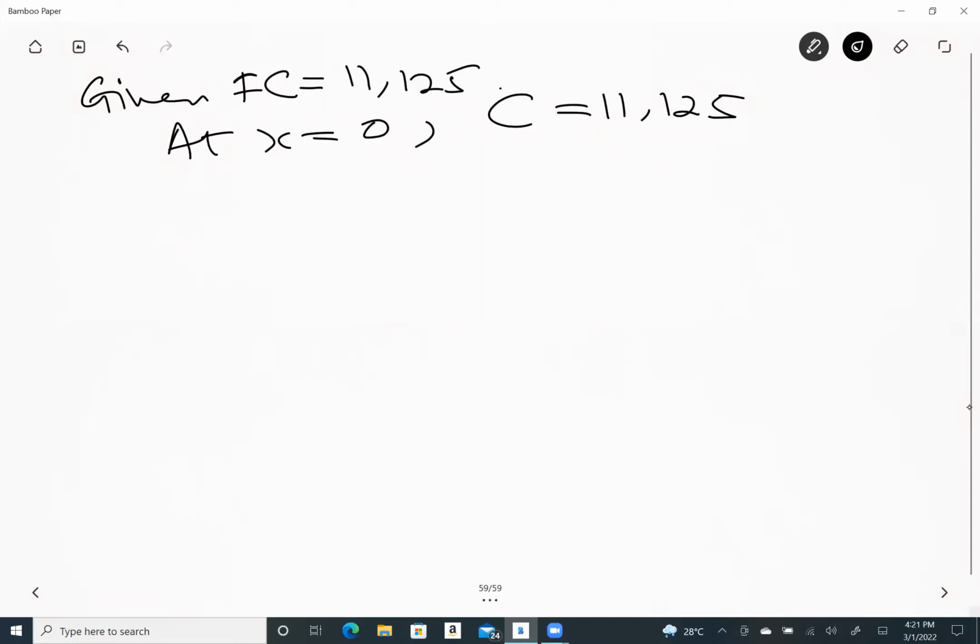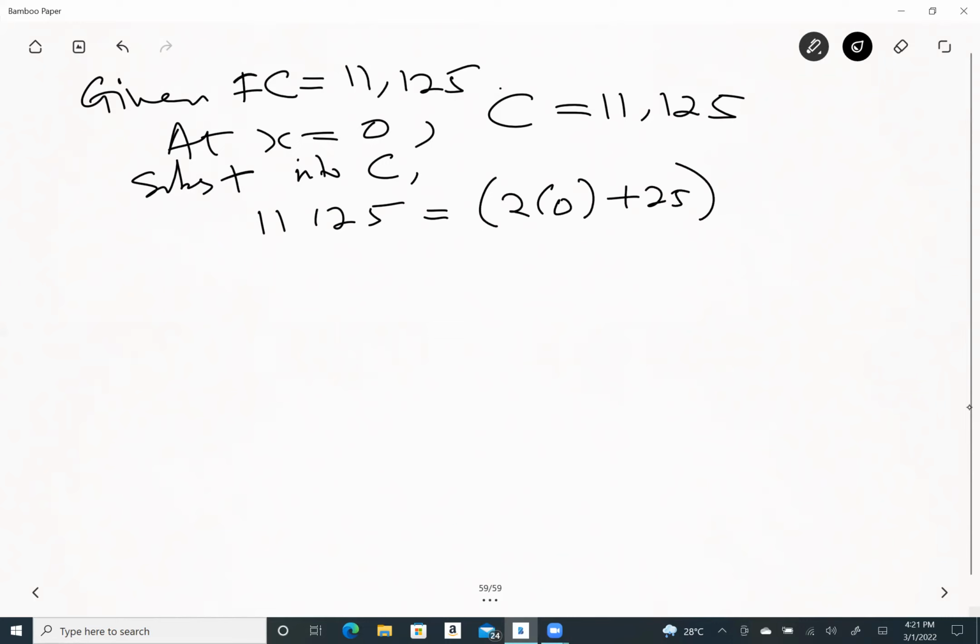So what you do, you substitute into C. So what I have is 11125 equal to 2 times 0 plus 25 to the power of 3/2, plus K. Then what do I get?